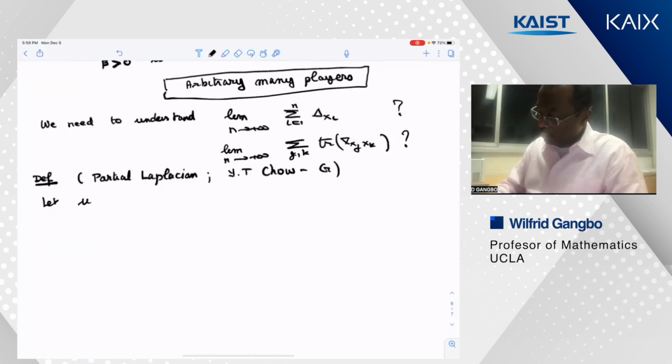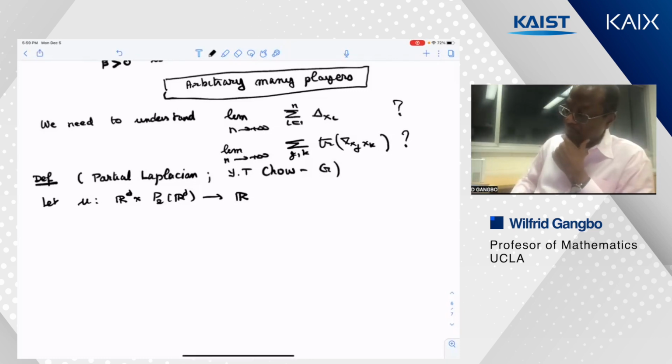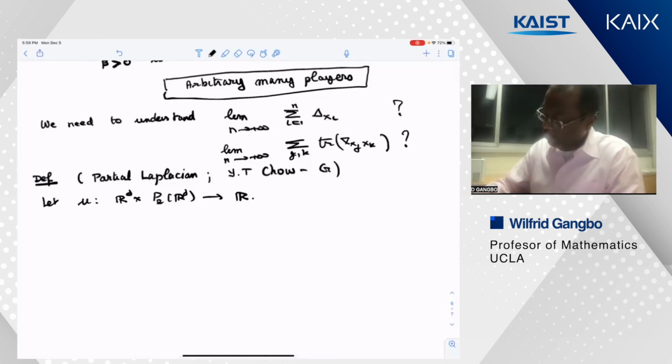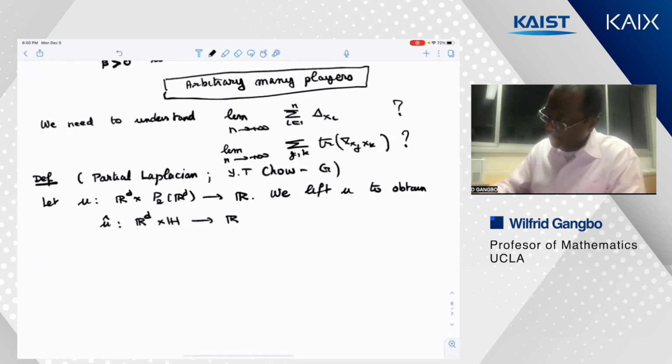So let U be a function defined on R^d cross the set of probability measures on R^d into R, and I want to define the partial Laplacian of U. We lift U to obtain U hat from R^d cross H to R, where H is the Hilbert space L^2 of (0,1)^d into R^d, with the Lebesgue measure on (0,1)^d.